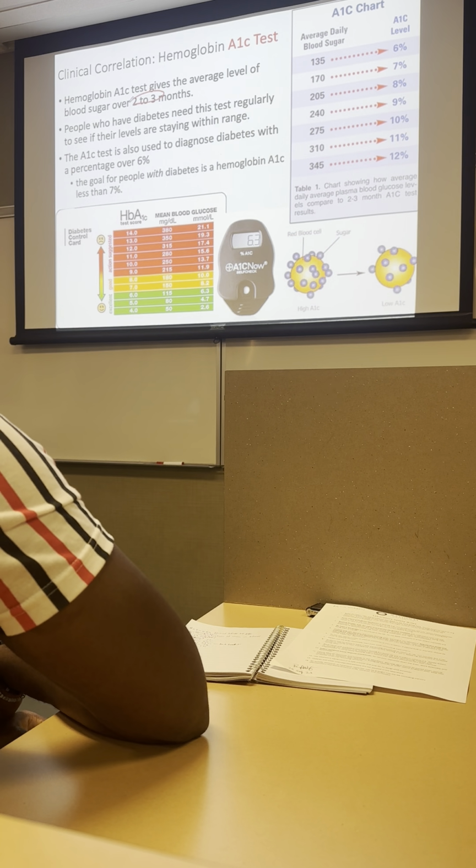It's much more accurate in terms of giving you a good baseline for glucose level metering, especially for diabetics. So again, people with diabetes, you want that less than 7. You guys see this number right here? So this guy right here with an A1C test of 6.3, is that good?